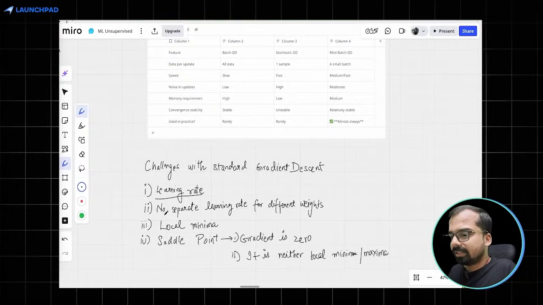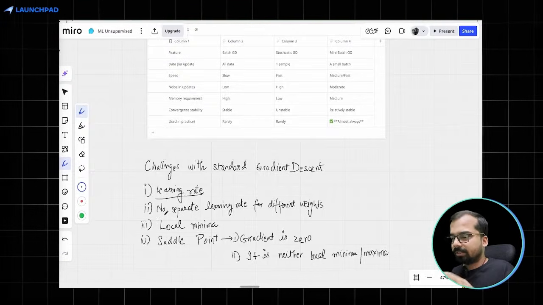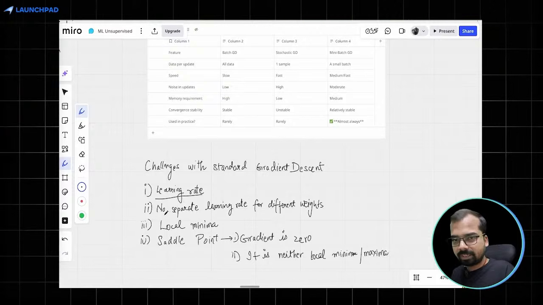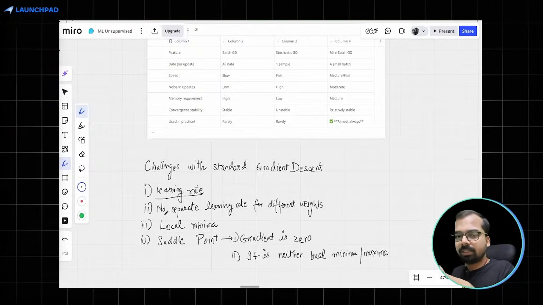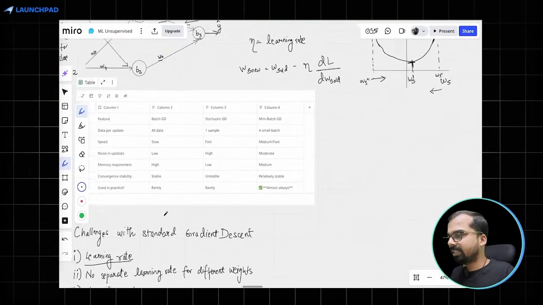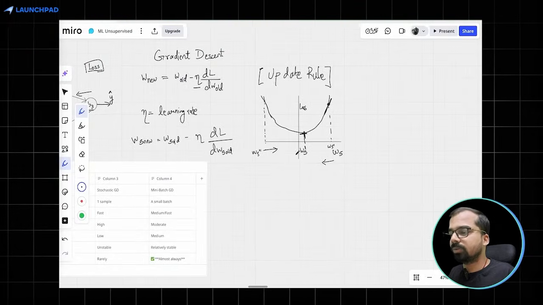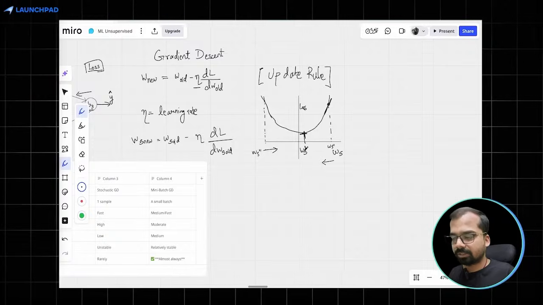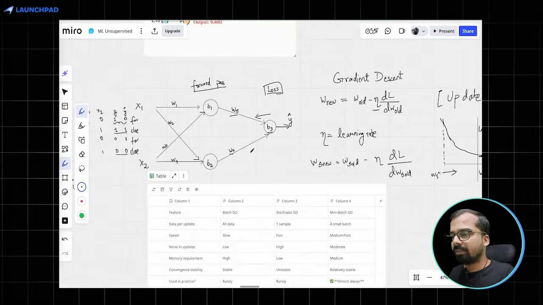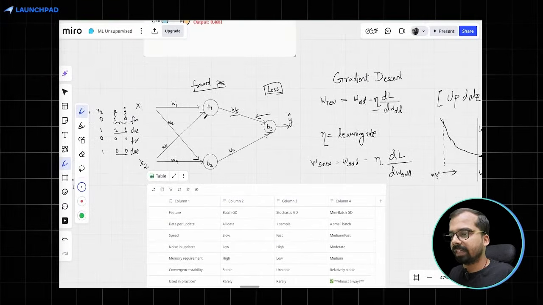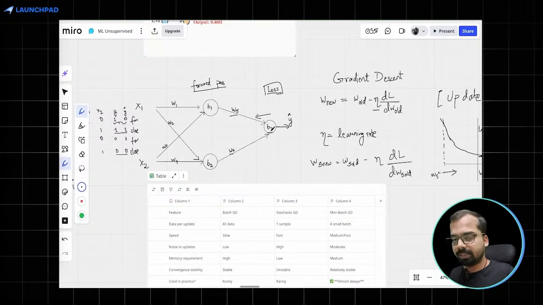Now the second thing is you have different weights, right? W1, W2, W5, right? Here we basically had only, we drew the graph using only W5 as a dimension, right? But in the real world, you have 1, 2, 3, 4, 5, 6, 7, 8, 9 parameters.